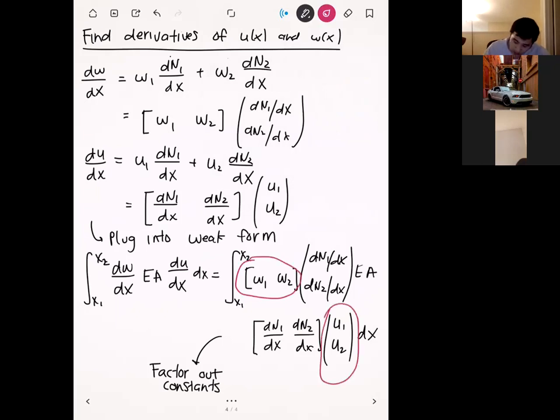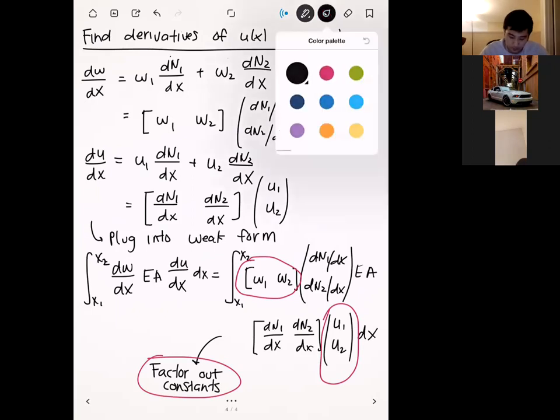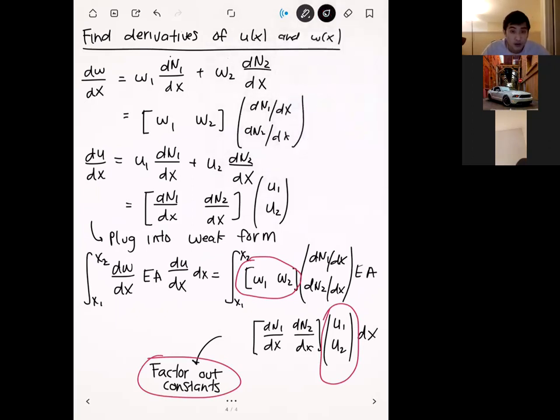And also this right here is a constant, okay? And then once we factor those out, we'll be able to get an expression for our 2 by 2 element stiffness matrix. All right, any questions on this so far? Okay.